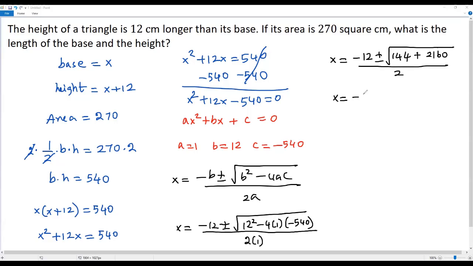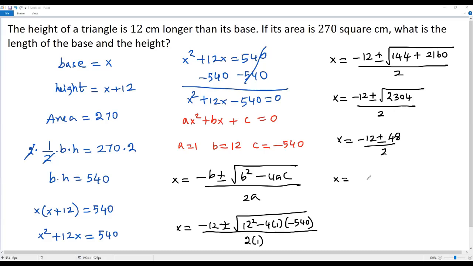Then x = −12 ± √(144 + 2160) / 2. When I add 144 and 2160, the result will be 2304 over 2. Then I get x = −12 ± the square root of 2304, which is just 48, over 2. Now we can write two values for x. One is with the positive sign over here, and the other one is with the negative sign over here.